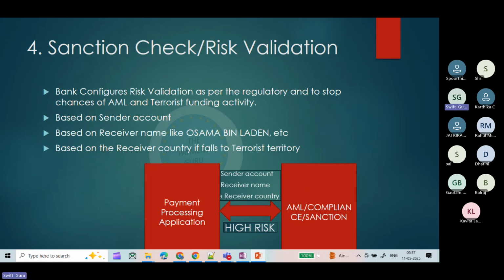This is the international regulation which they have to follow as a bank, to ensure there isn't any terrorist funding or money laundering happening around the world. For that, respective banks have applications in place which perform these validations and identification.